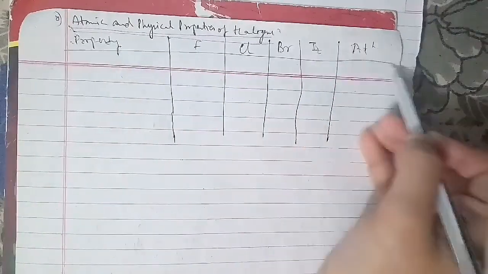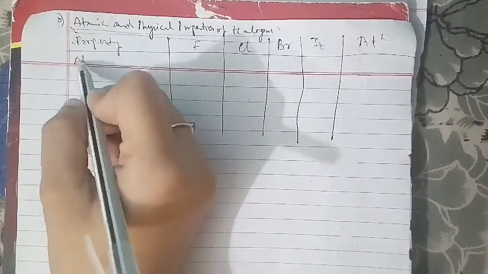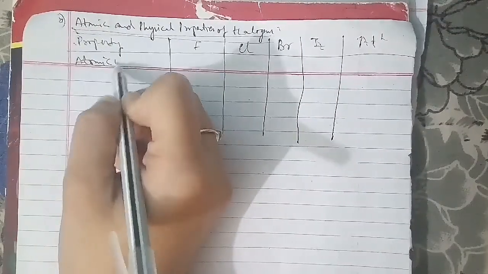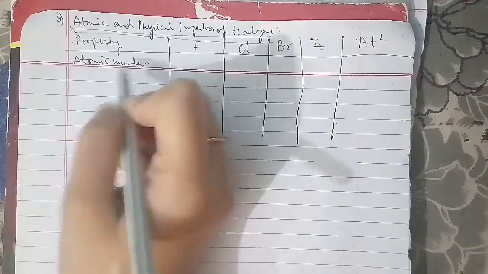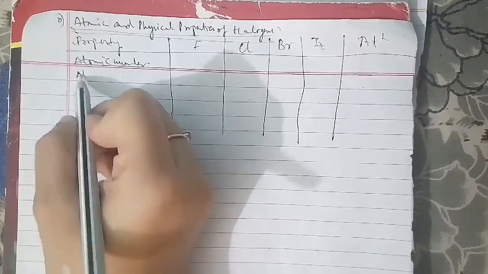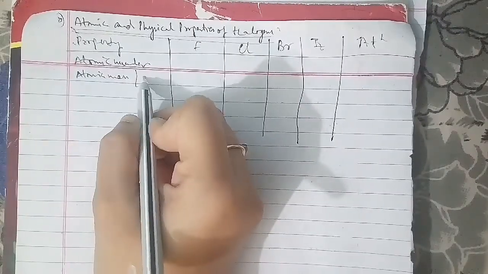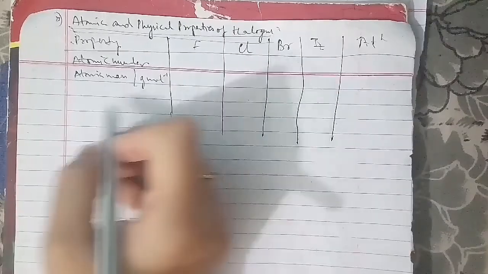The first property is your atomic number. The second property we talk about is atomic mass, per gram mole inverse. The third is your electronic configuration.